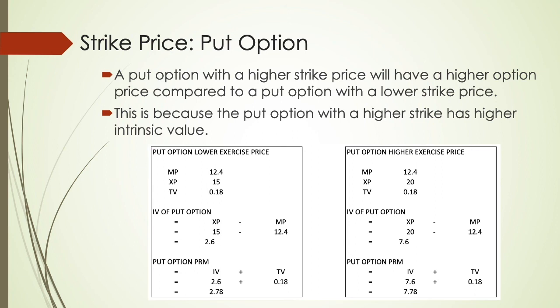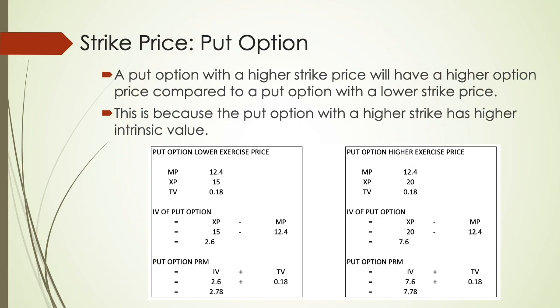So put option with lower exercise price will have a lower intrinsic value. The intrinsic value for lower exercise price of put option is 2.6. So when you calculate the put option premium, the price is 2.78. For put option with higher exercise price, the intrinsic value is 7.6. So when you calculate the put option premium, the price becomes 7.78.